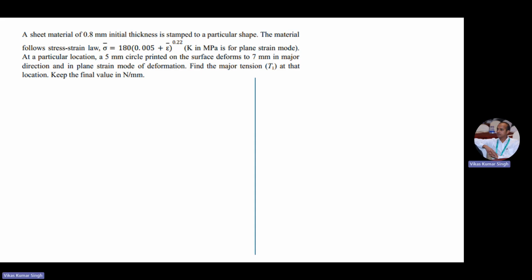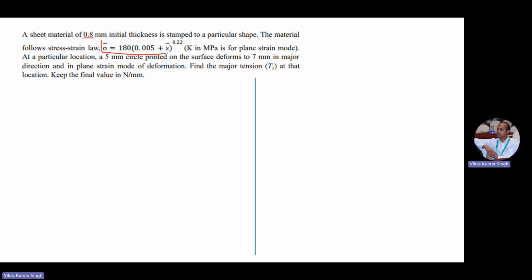So the first question here is that we have to find out the traction. In the question, a sheet material of 0.8 mm initial thickness is stamped to a particular shape. The material follows a stress strain law.